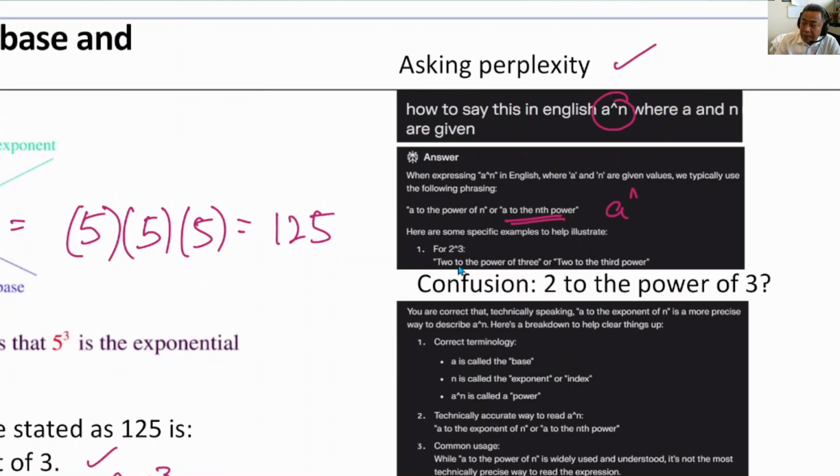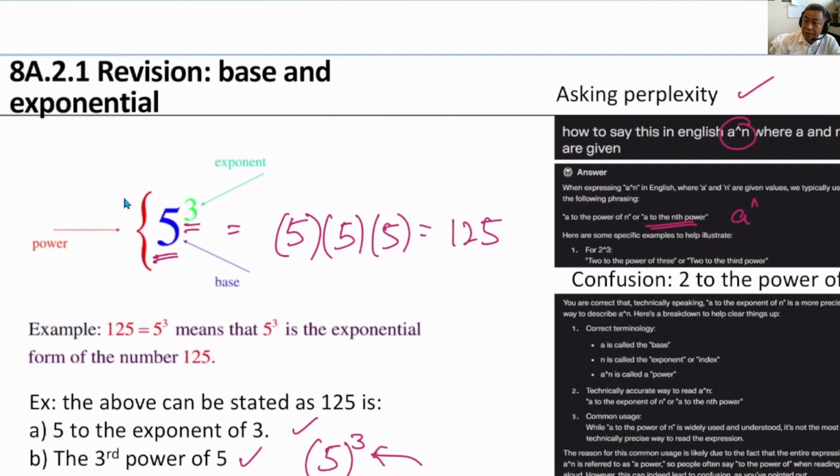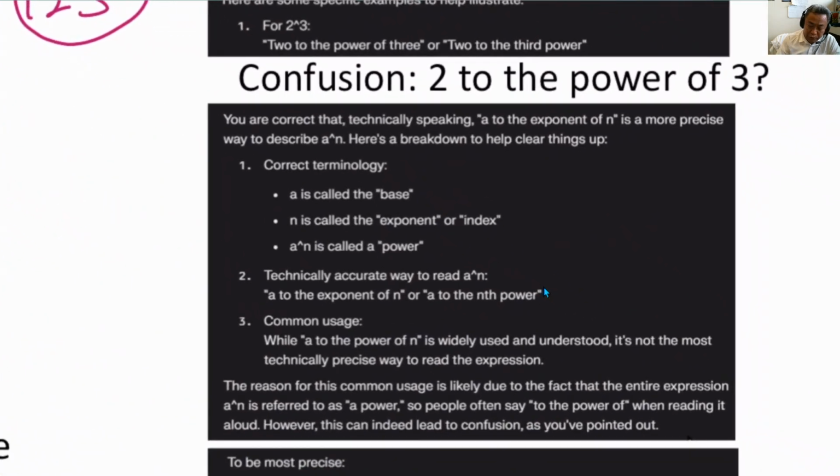Then I asked it, hey, the word power also means the entire expression, right? This 5 to the exponent of 3 is 125. So 125 is actually the 5 to the exponent of 3. It says, yes, I'm actually correct. A to the exponent of n is a more precise way to describe this term.